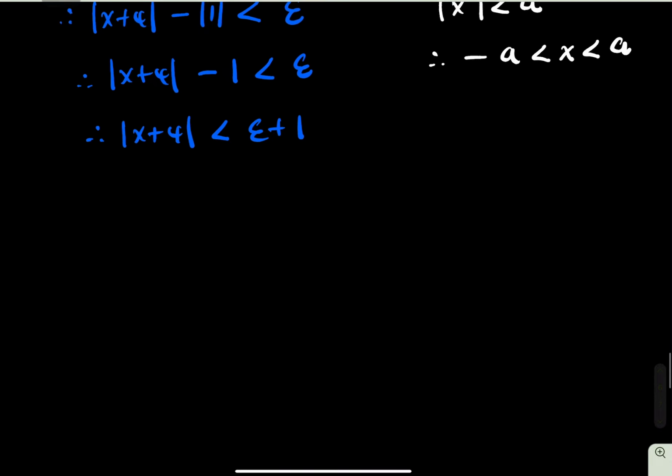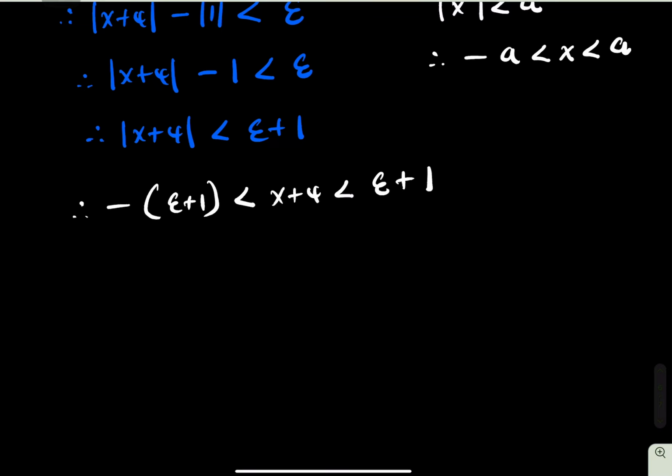If I apply this rule in this particular problem, I get the negative of epsilon plus 1 is less than what is inside the modulus, x plus 4, less than the positive of this stuff, epsilon plus 1.